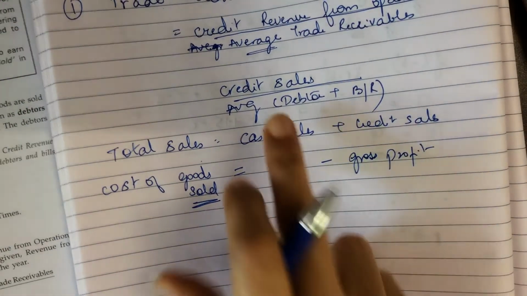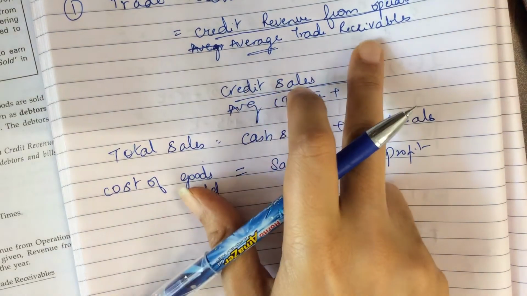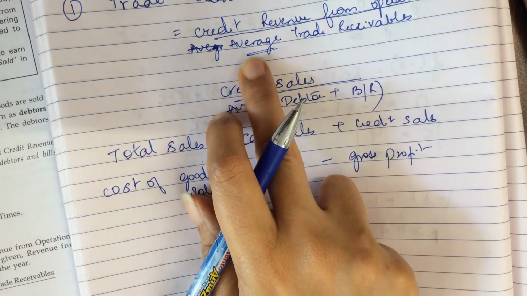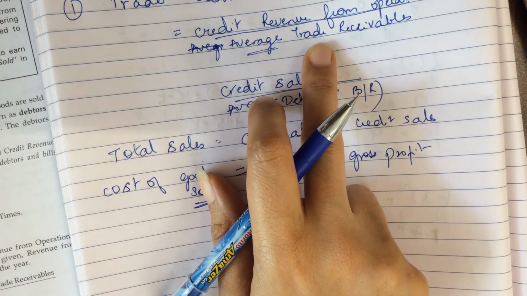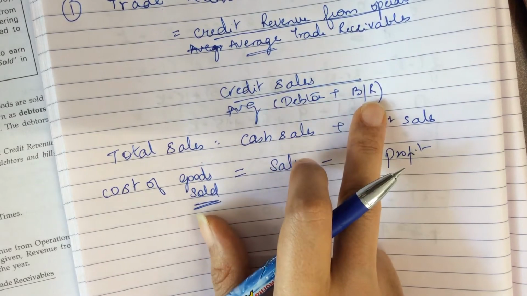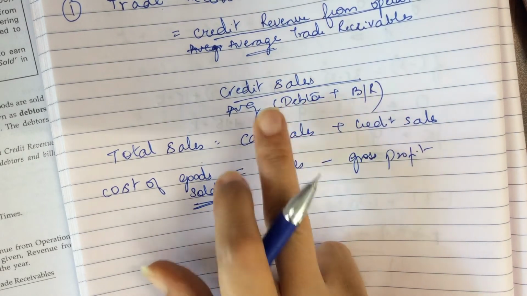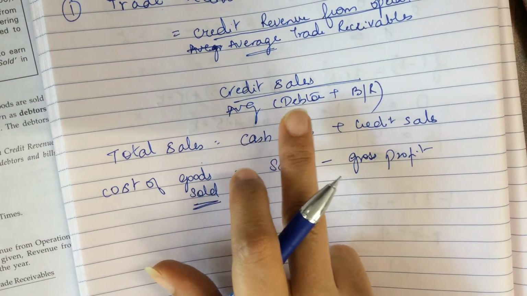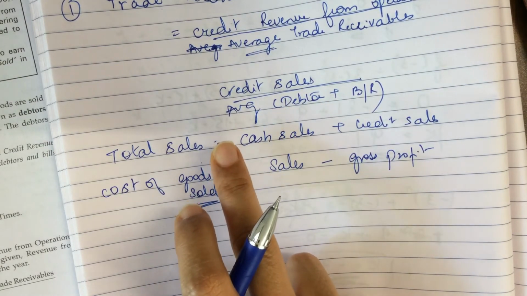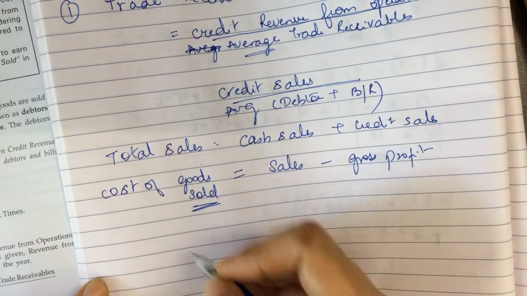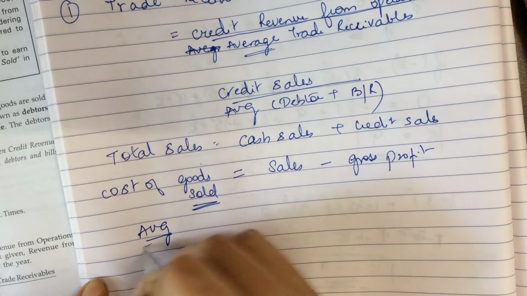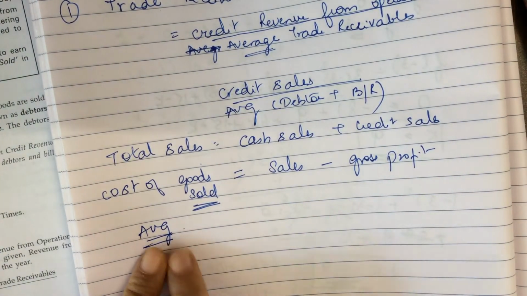Next, how do I find my average trade receivables? Trade receivables itself are made up of debtors and bills receivable. I will first find the average. You have learned the meaning of average in your younger standards.